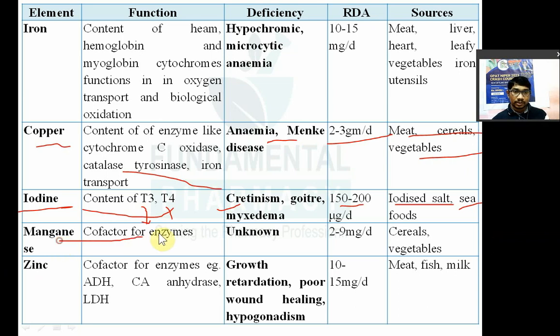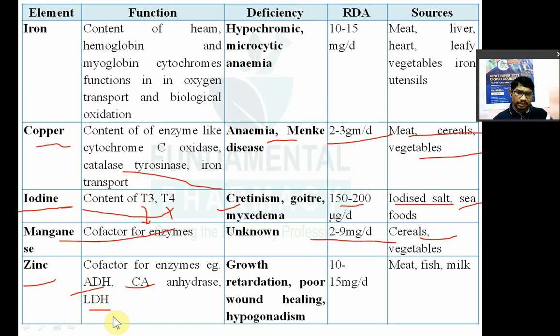Next is manganese. Manganese is a cofactor for enzymes and deficiency is unknown. So what is the daily requirement? 2 to 9 milligram per day, found in cereals and vegetables. Next is zinc. Zinc is a cofactor for enzymes like alcohol dehydrogenase, carbonic anhydrase, lactate dehydrogenase. For that zinc is needed.